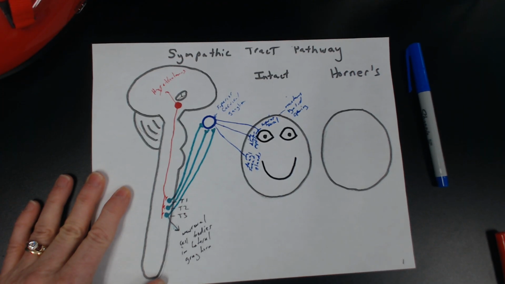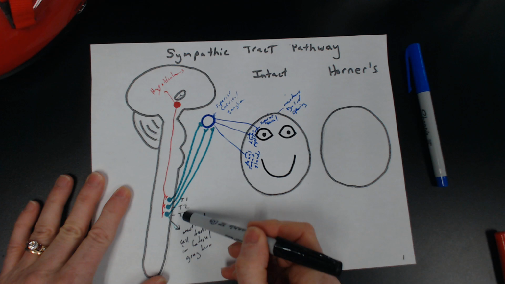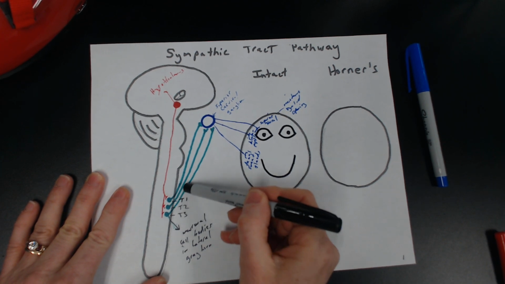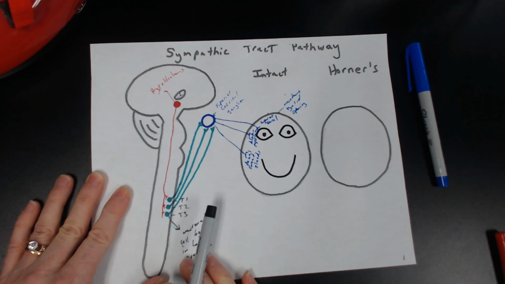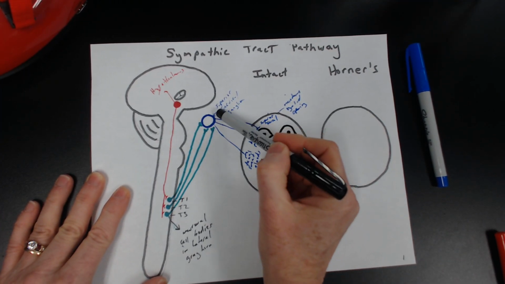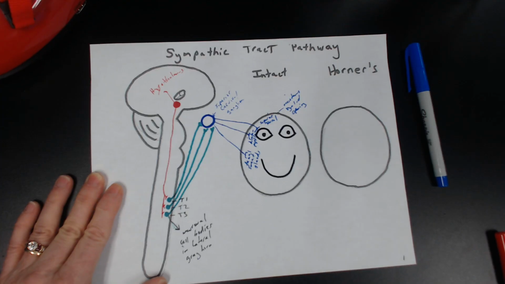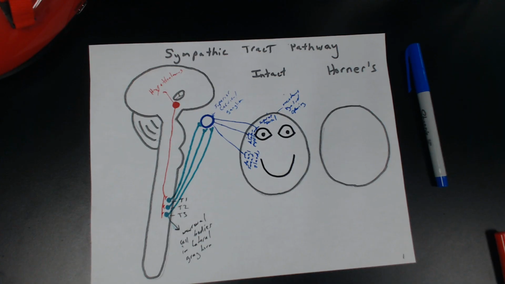You could also have a disruption here with these T1 to T3 neuronal cell bodies and the axons that are sent out. Or you could have another disruption between the superior cervical ganglion and innervation of those three specific muscles.